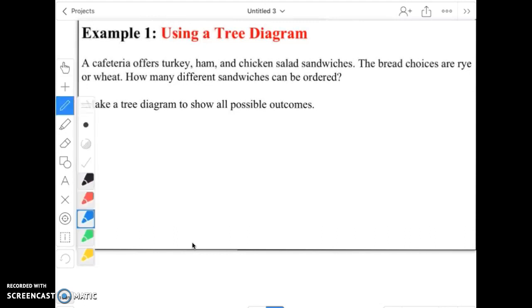Also, this piece isn't very new, using a tree diagram. So a cafeteria offers turkey, ham, and chicken salad sandwiches. The bread choices are rye and wheat. How many different sandwiches can be ordered? So if we're going to make a tree diagram, maybe this is you getting lunch.